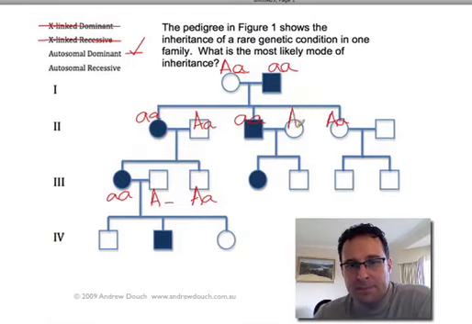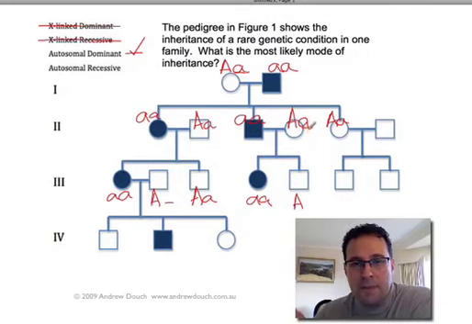This couple here, big A something there, but because they have a child who's little a, we now know that this girl here must be big A, little a, or else this kid couldn't get a little a from both parents. This boy here obviously got a big A from this parent, but must have got a little a from that parent.